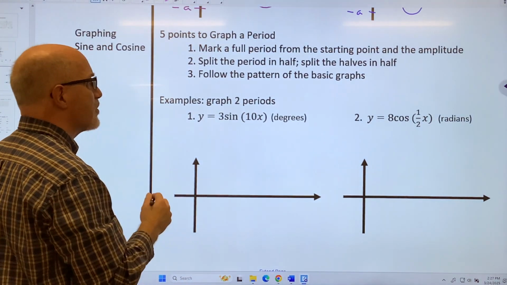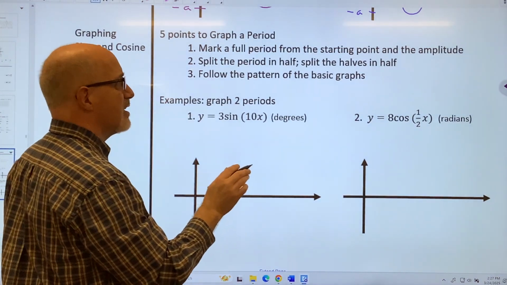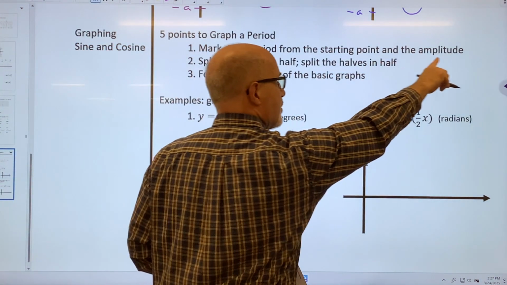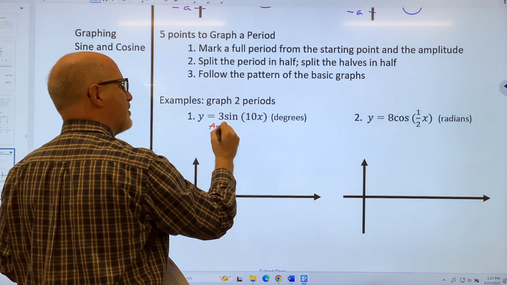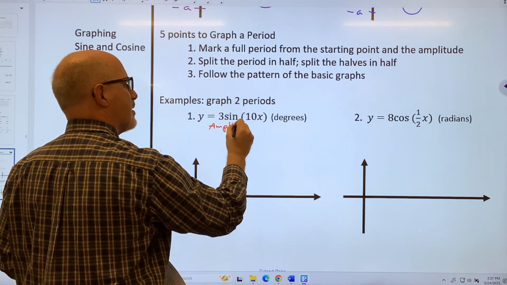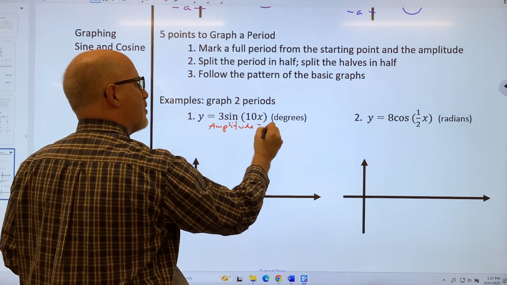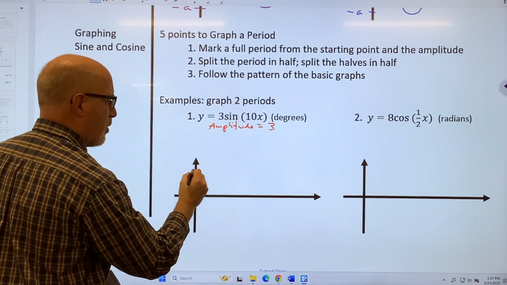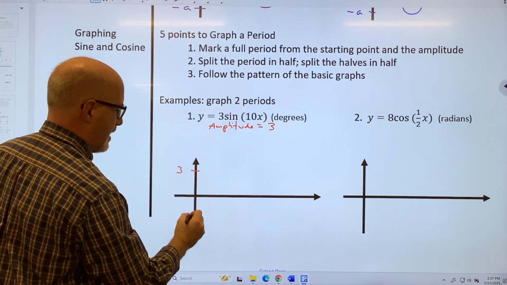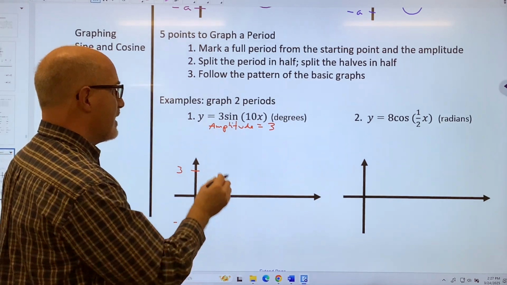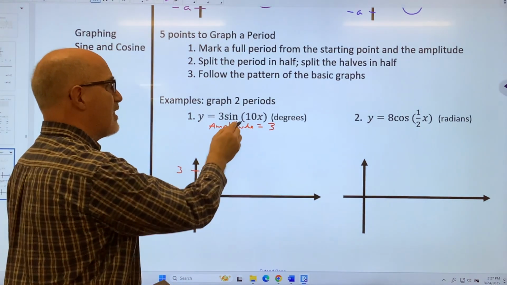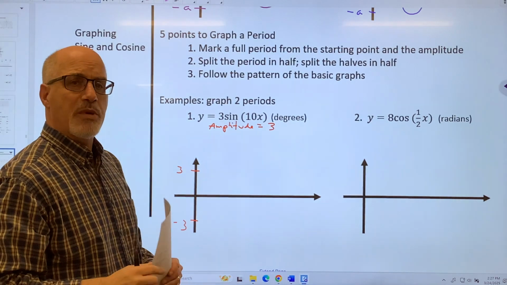So let's start with this first one. Probably the simplest thing to do is to start with the amplitude. Notice that it's just the number in front. So I'm going to write down amplitude is equal to 3. So we're going to go up to 3 and down to negative 3. Now, this is a sine graph, and the number on the inside affects the period.